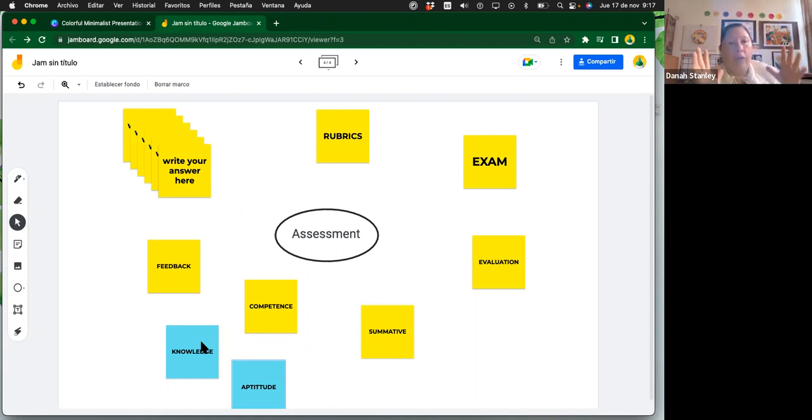Let's compare the students with a mechanic, or an electrician. You give them all the tools they need, all the materials they need to repair something, no? For example, the mechanic is going to repair a car, and you give them all the tools, that even in Spanish I don't know their names, no?